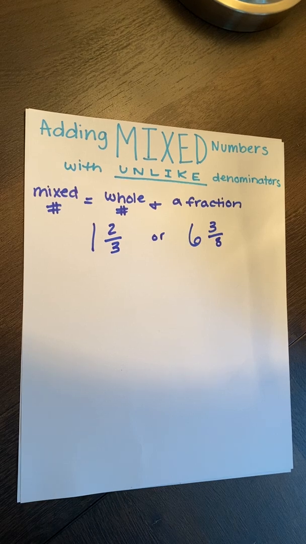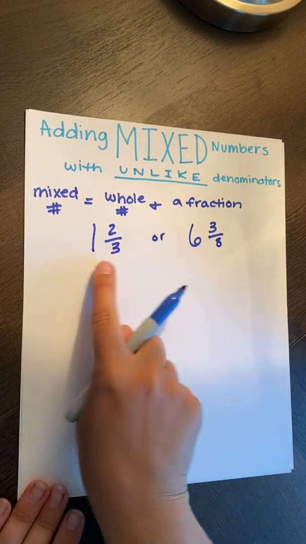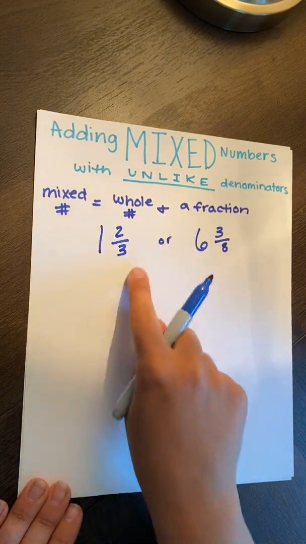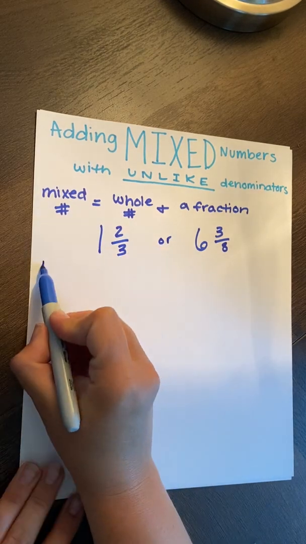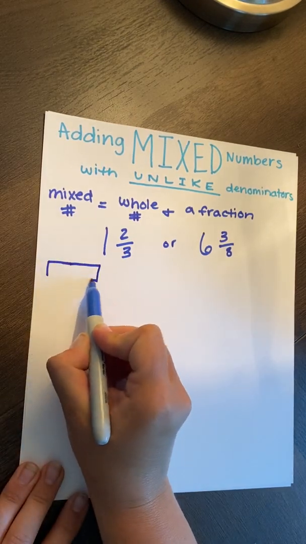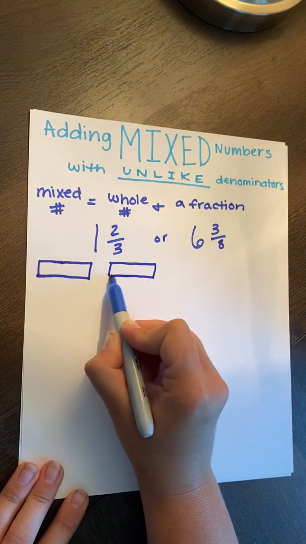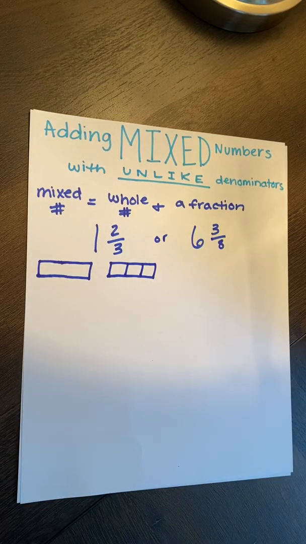So when we're adding, it's important to remember what these whole numbers represent. For this mixed number, 1 2/3, if we were to draw a picture, we would cut that.